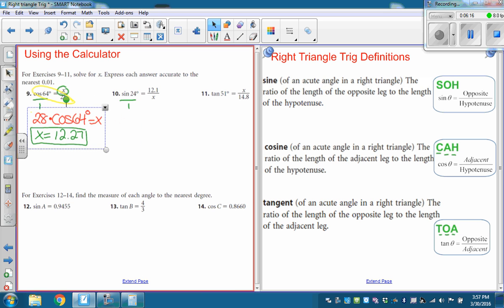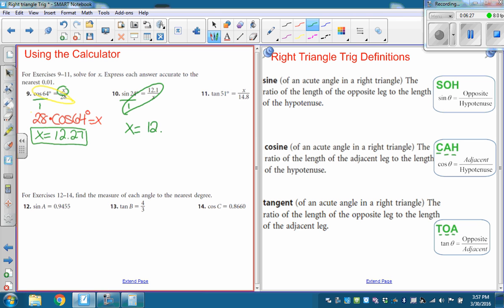But we've done ratio and proportion all year, so we're still going to cross multiply and divide by what's left over. In this case, x is 12.1 times 1, which is just 12.1, divided by the sine of 24.